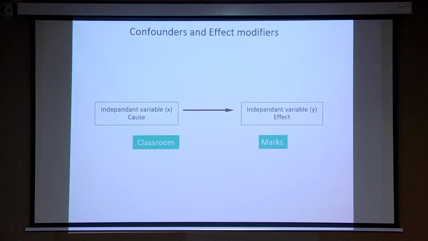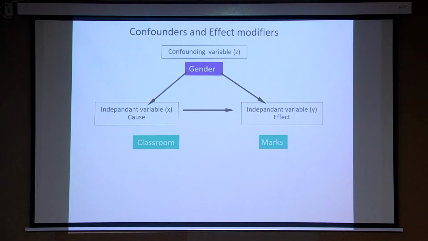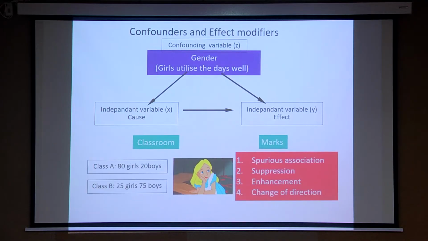Another example is classroom marks. So there is section A, there is section B, and we are going to analyze the marks. Here the confounder is gender. Class A may have 80 girls and only 20 boys. Class B may have 25 girls and predominantly boys.